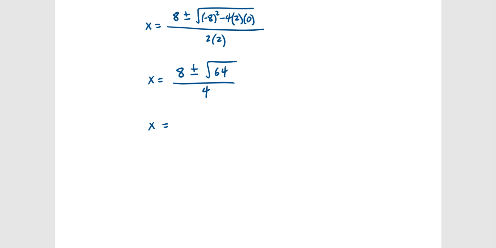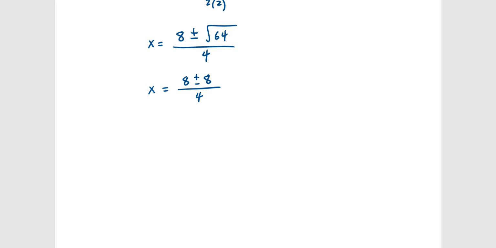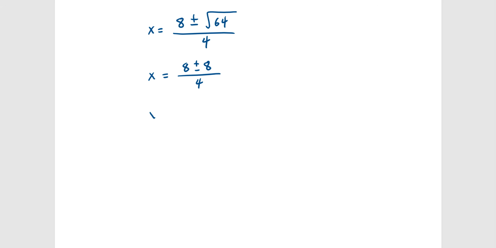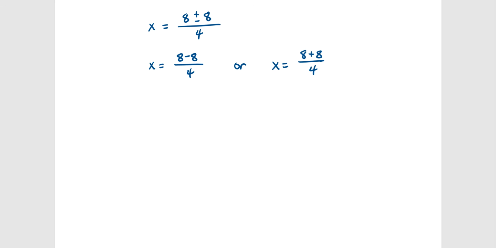And that's going to give us 8 plus or minus 8 all over 4. Square root of 64 is 8. So now we can split this up into our two separate cases. We have x equals 8 minus 8 over 4, or x equals 8 plus 8 over 4. For the one on the left, we get x equals 0 over 4, which is obviously 0.